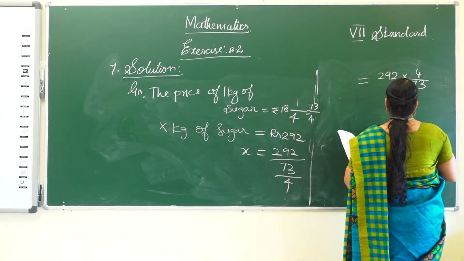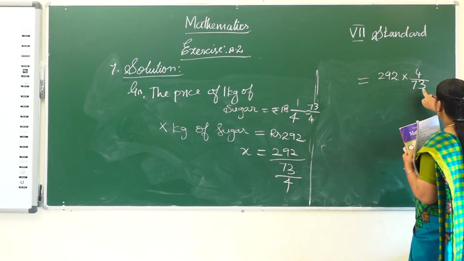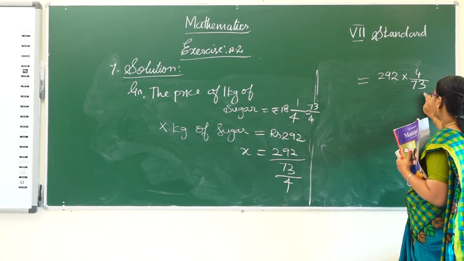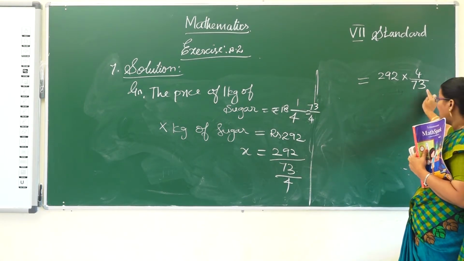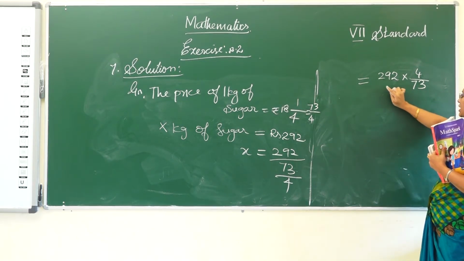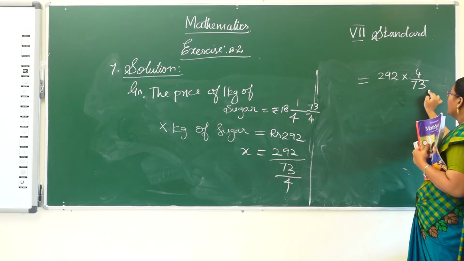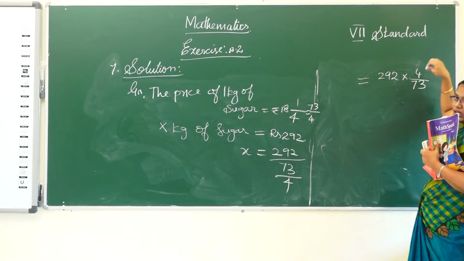It cancels in the 73 table. You will calculate: here 3, here 2. Which number multiplied by 3 gives 2 in the ones place? Just a simple calculation. Here 292 and 73 are given. If you need, you can use the long division method.